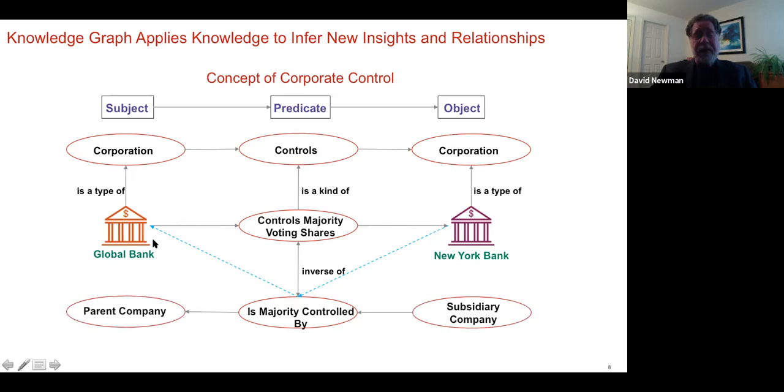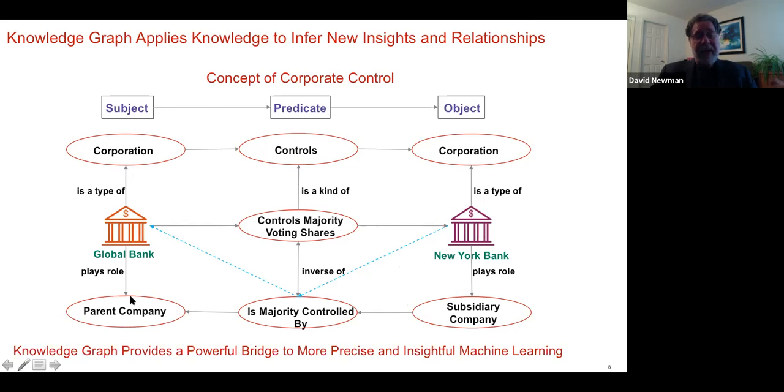And then we could further draw the inference that once we model that a parent company and a subsidiary company have a relationship such that the subsidiary company is majority controlled by the parent company, given that New York Bank must play the role of the subsidiary company and global bank must play the role of the parent company. And these are very powerful inferences that we could make by linking the data to the concepts, establishing and defining knowledge about those concepts.